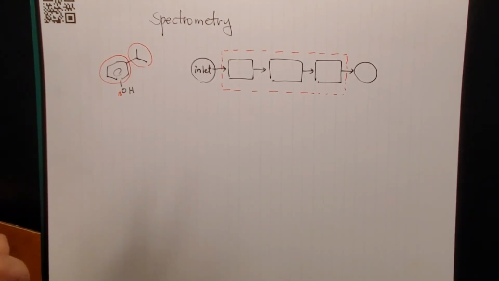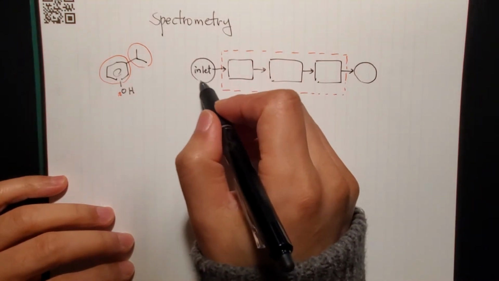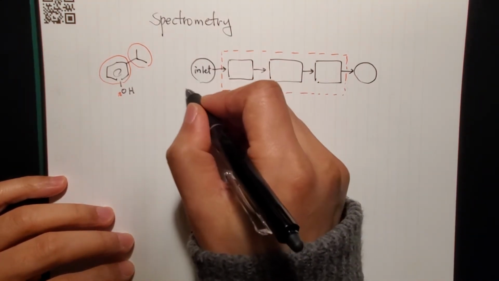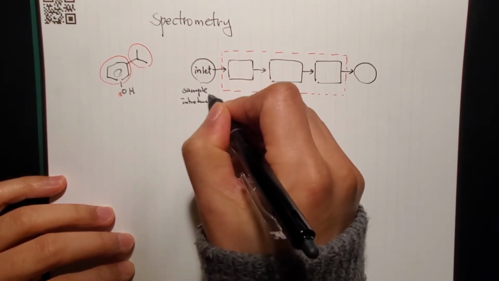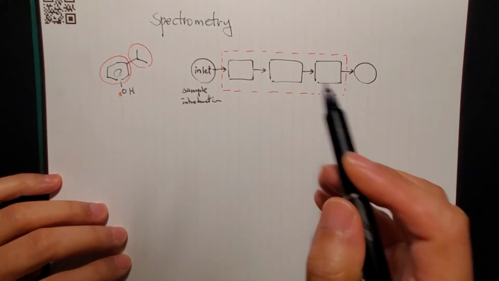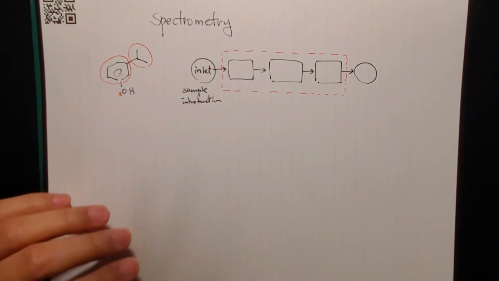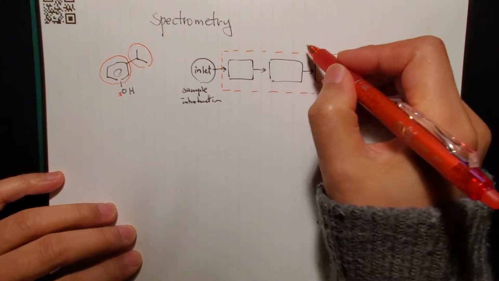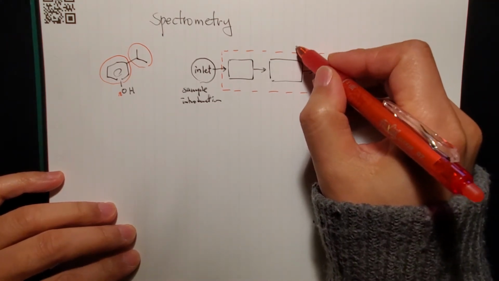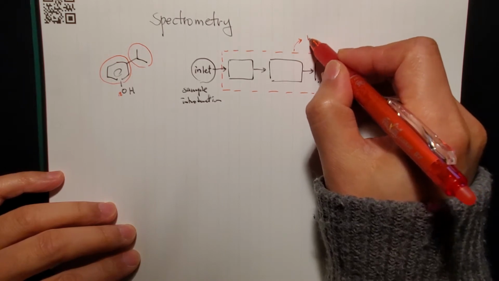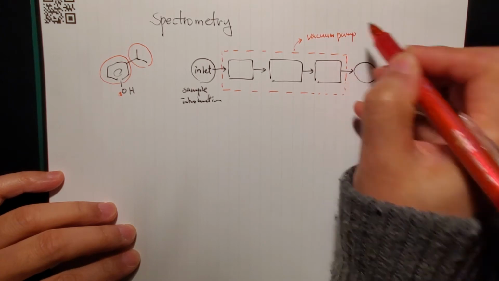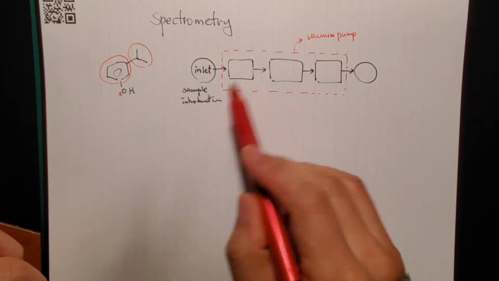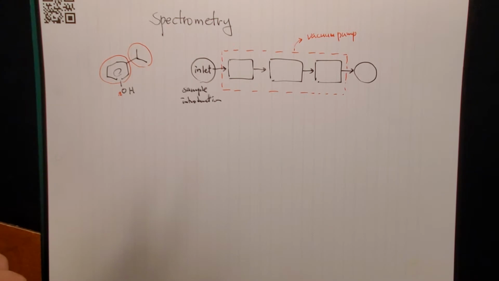The instrument for mass spectrometry has some parts. There are some ways of sample introduction to the machine. Then in the machine, most of the parts are under vacuum, so it is connected to a very strong, powerful vacuum machine in order to remove any gas molecules.